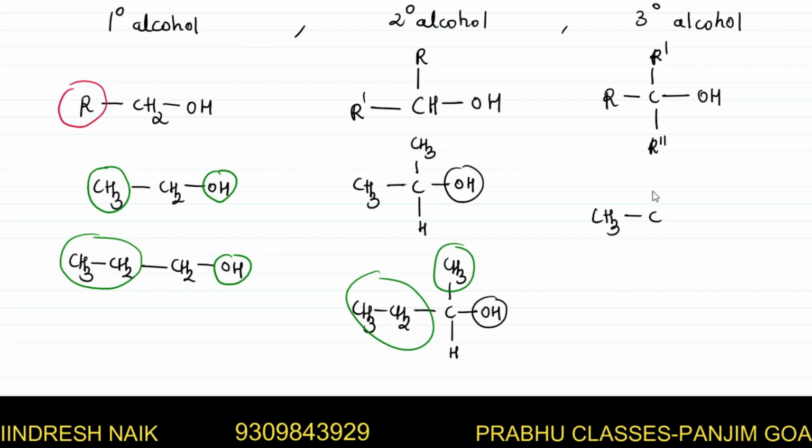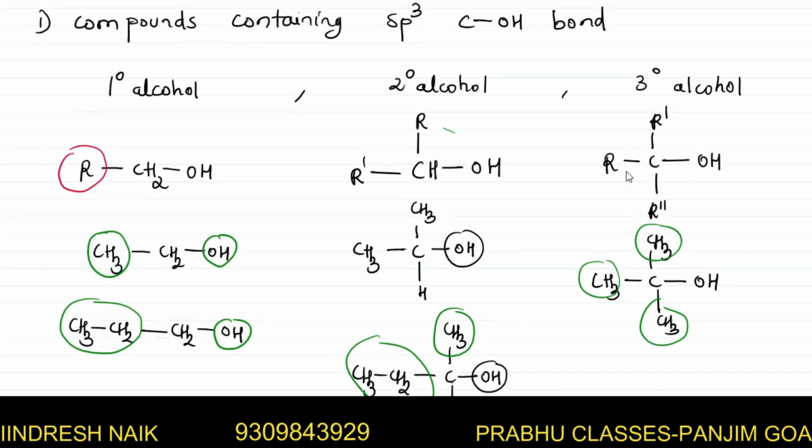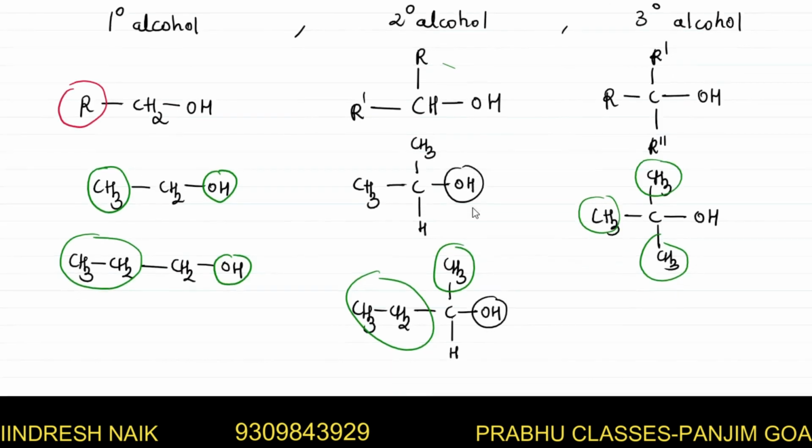CH3, this is CH3, CH3, and OH. So this is OH connected to this carbon, and it is further connected to three carbons. This is tertiary. Again, these alkyl groups may be the same or may not be the same. So this is the whole classification of a primary, secondary, and a tertiary alcohol.